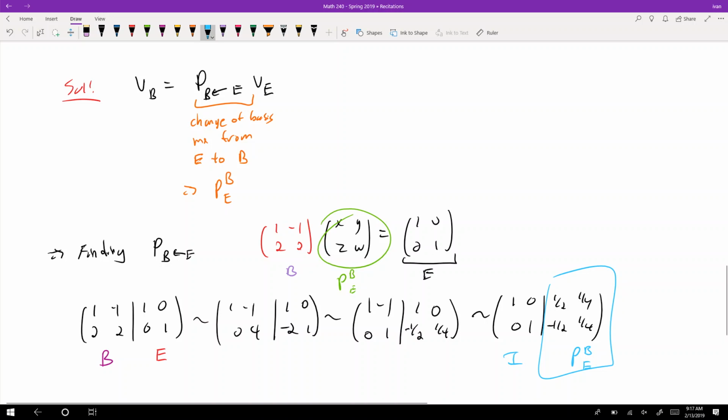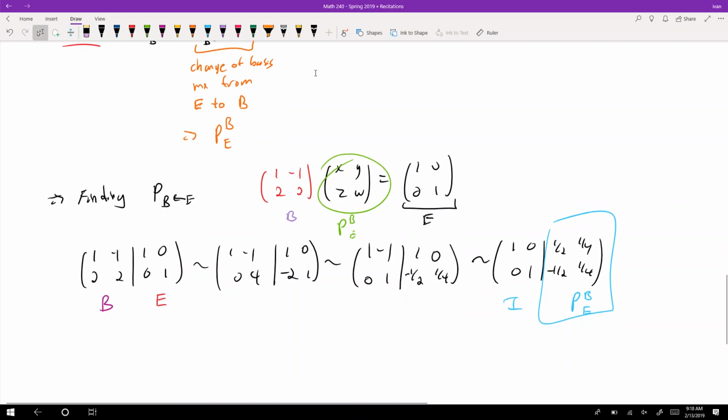But notice what we kind of did here. We just took the inverse of a matrix. This is actually just a coincidence, and it's because we started from the standard basis and we went to some other basis. So if you ever start from the standard basis and you change to another basis, it's just going to be taking an inverse.